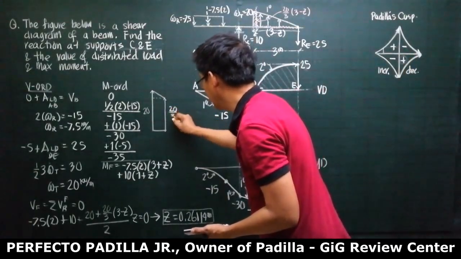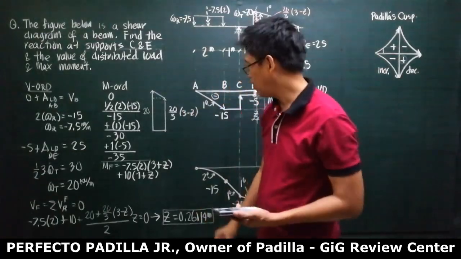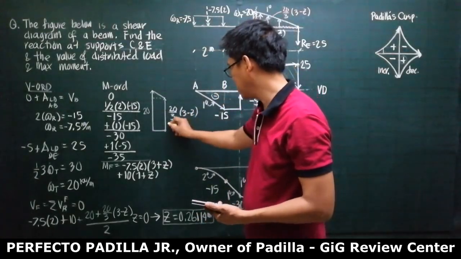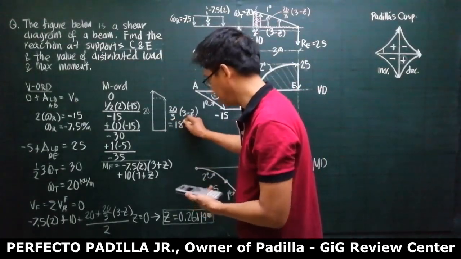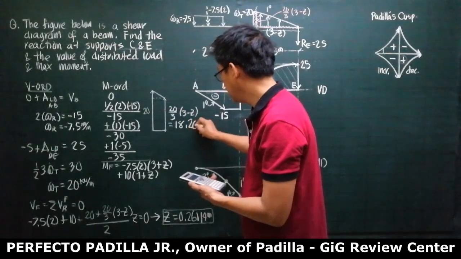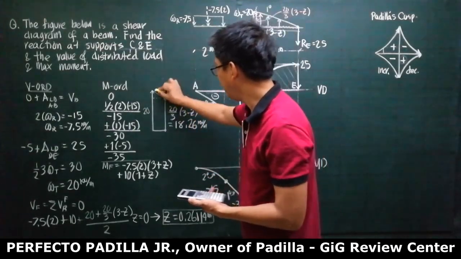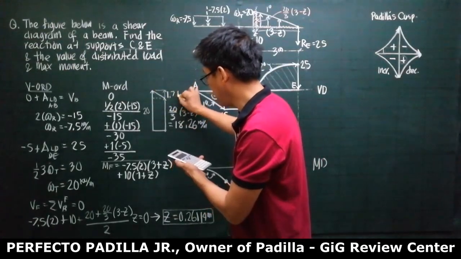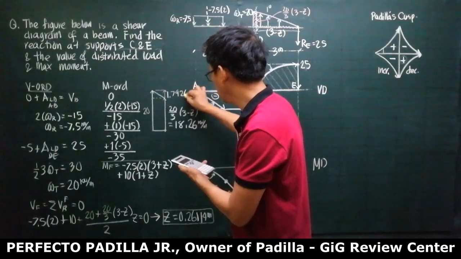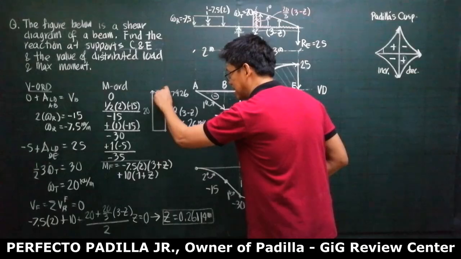So, substituting z here, this is going to be 18.26 kilonewton per meter. So, therefore, this one is going to be 1.7426. Okay?